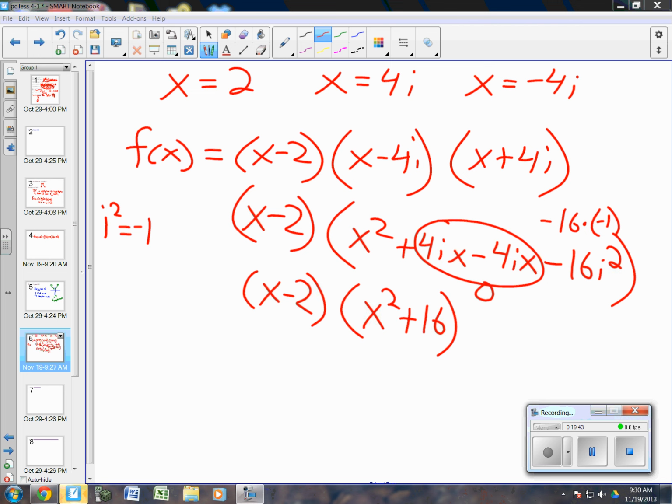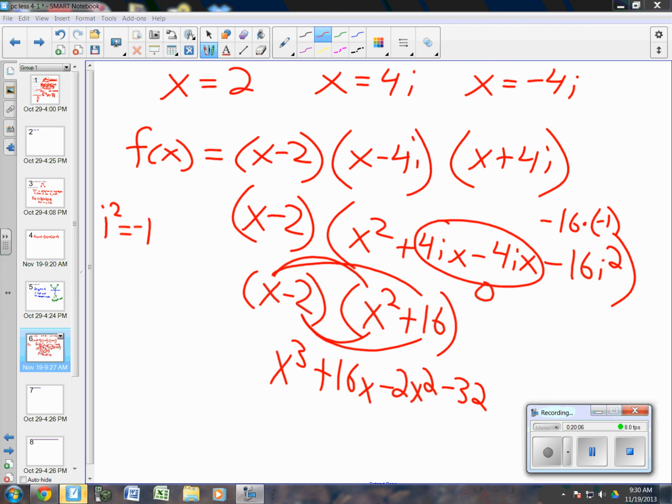Now I have to multiply x minus 2 times x squared plus 16 still, right? So I'm going to distribute the x, so I get x cubed. x times 16 is 16x. Negative 2 times x squared is negative 2x squared. Negative 2 times 16 is a negative 32. I write them in descending order.